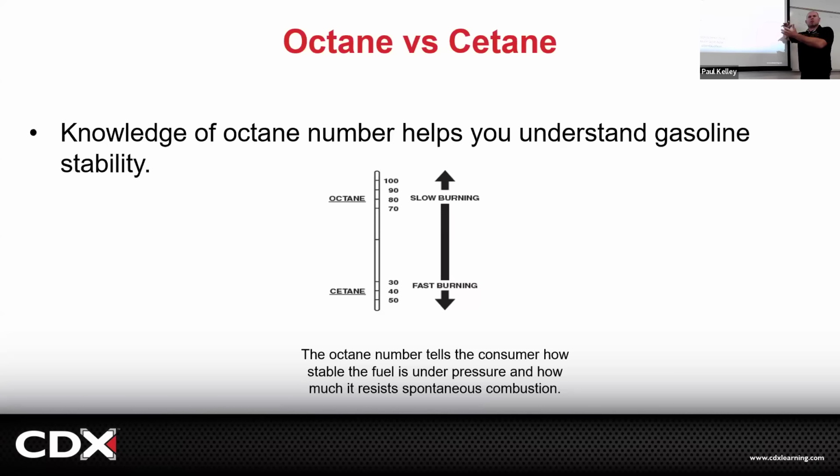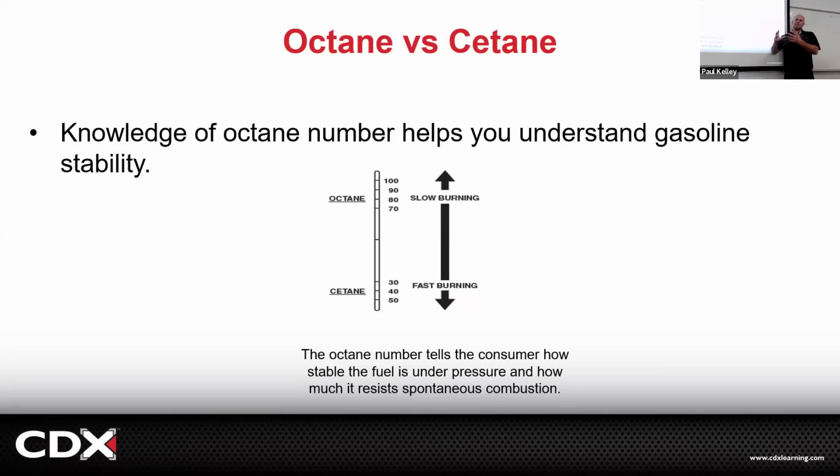We can handle 210 PSI of pressure in this cylinder. The fuel won't pre-ignite. Make sense? And then when the spark plug sparks, it's like, yeah, now is the time. This is what I've been waiting for. And it actually is a controlled burn and it's precise. And we're going to actually have a better power stroke because we have control of it.